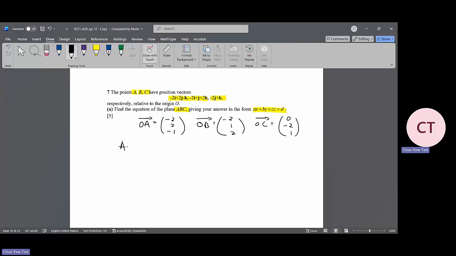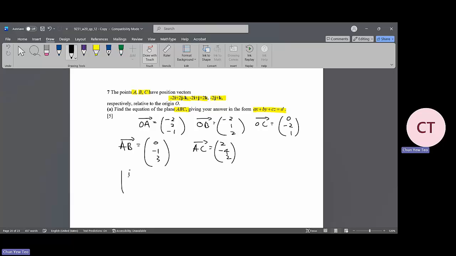Then in order to find the plane equation of ABC, I need to find the vector AB and the vector AC. So B minus A, you get 0, -1, 3. C minus A, you get 2, -4, 2.